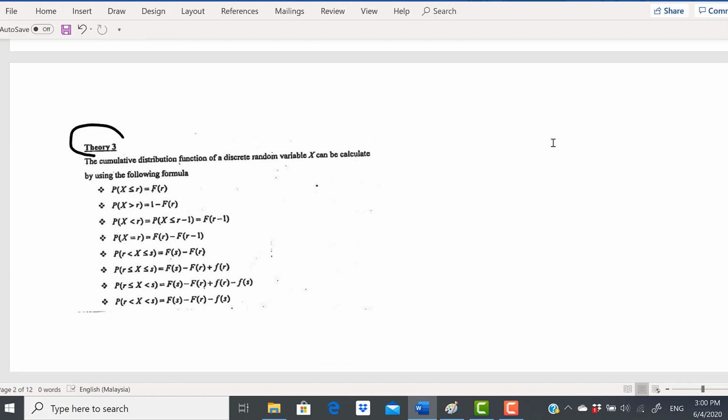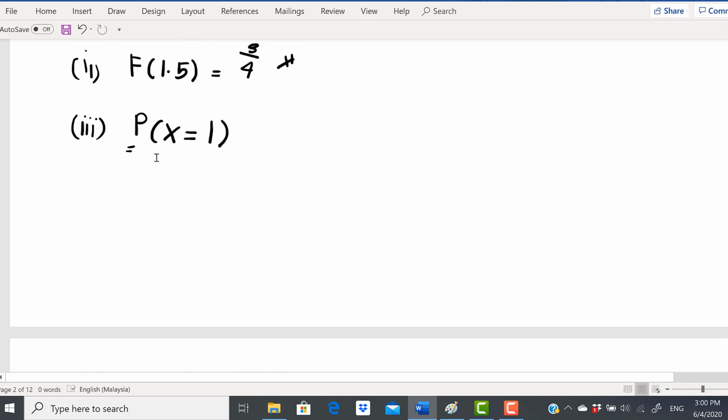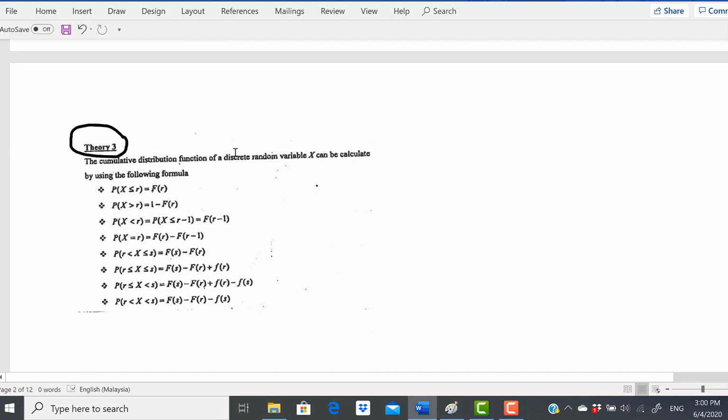You must refer to my notes and look at the theory tree. If we look at this question, probability when x equals 1, it comes from here: probability x equal to r is equal to F(r) minus F(r minus 1).